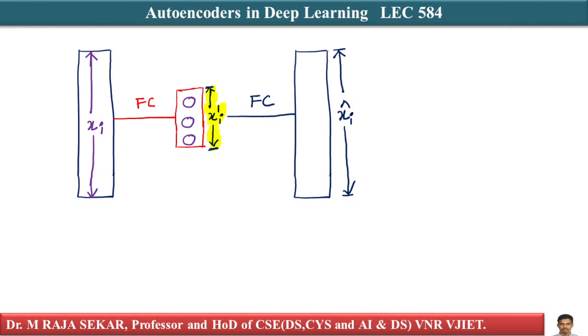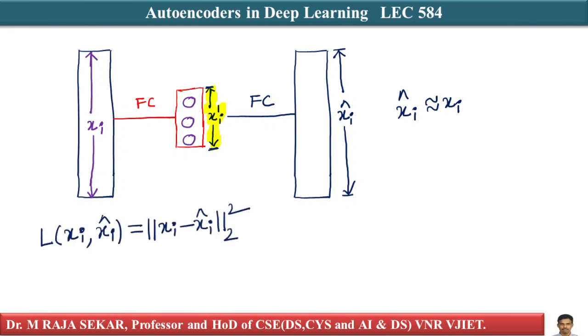I want my xi cap to be very close to xi because I need to define a loss function. What is the loss function for autoencoders? A logical loss function, given xi, which is the input, and xi cap, the output, is L of xi comma xi cap equal to the L2 norm of xi minus xi cap, whole square.